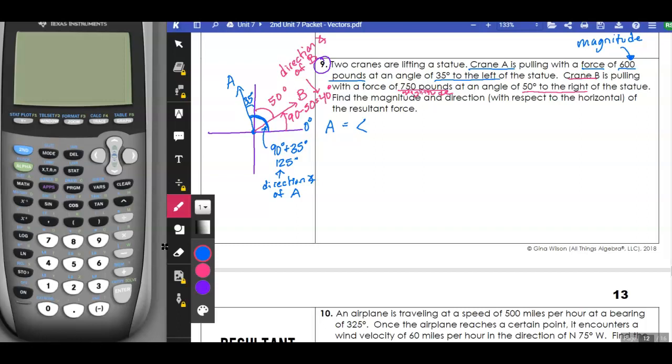Yes, exactly. The magnitude times cosine of the direction angle, which we're working with A first.